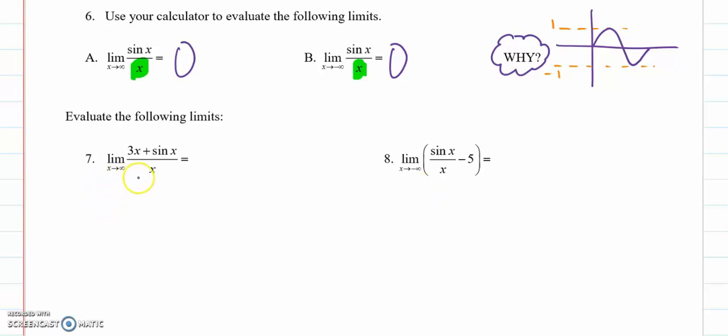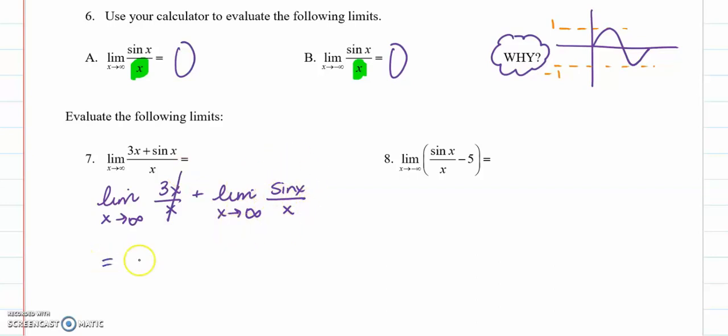So the limit as x goes to infinity, I see this fraction, I'm going to break it down into 2 different fractions. Here we have x over x going to 1, and the sine x over x going to 0. So 3 plus 0 is equal to 3.